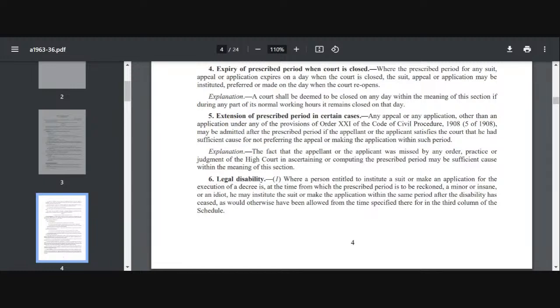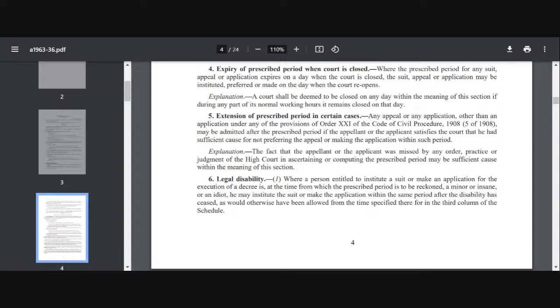If you can show the court that you had a sufficient cause which led to the delay, the court is going to condone that delay and extend the period of limitation in certain cases, right? But that is only in case of appeal and application, not for suit. Mark that also. Section 5 does not apply to suits, and neither is section 5 giving you an inherent right to claim an extension of period from the court.